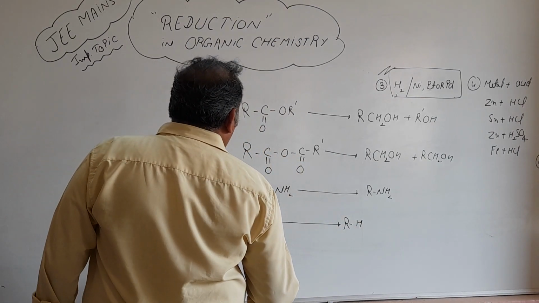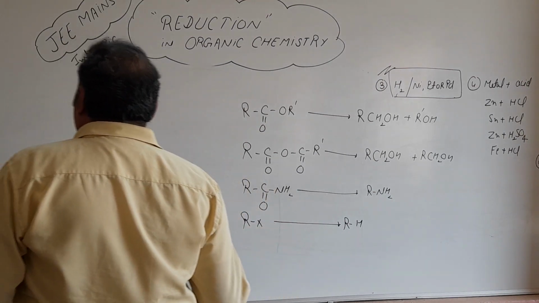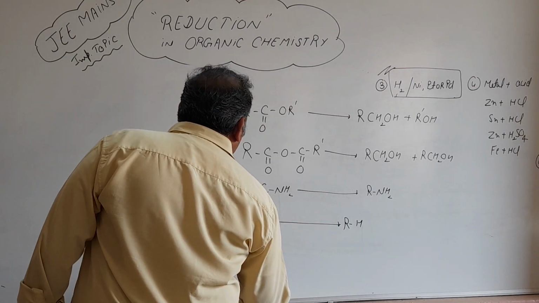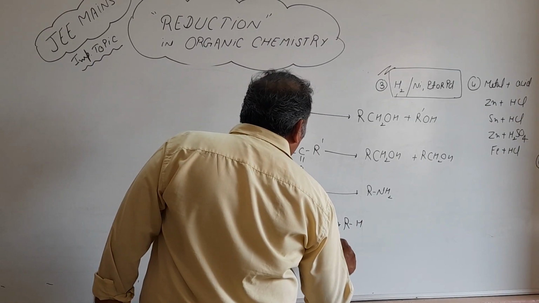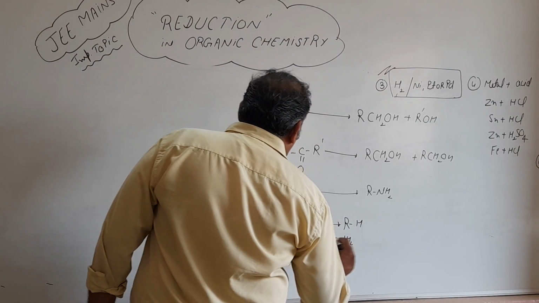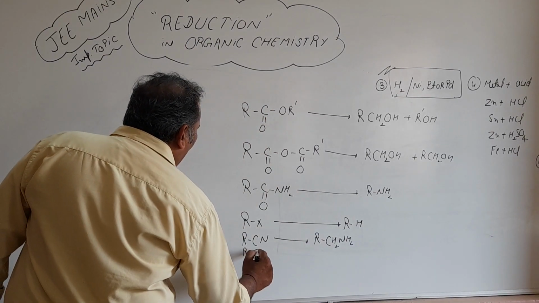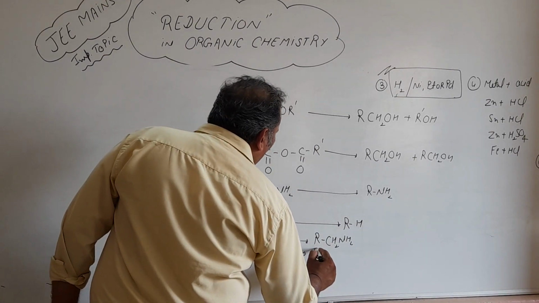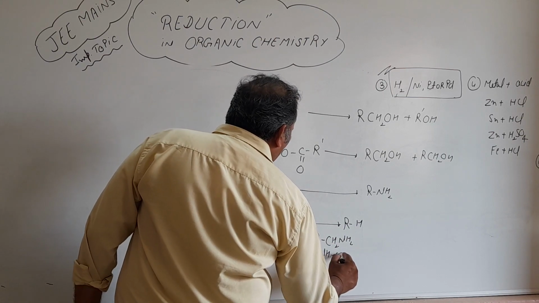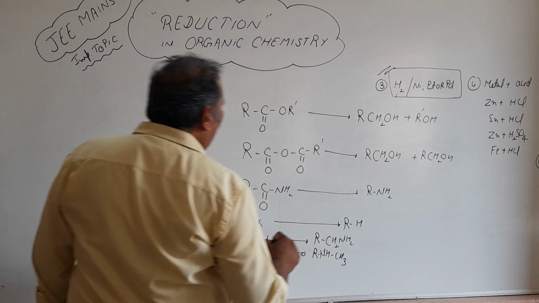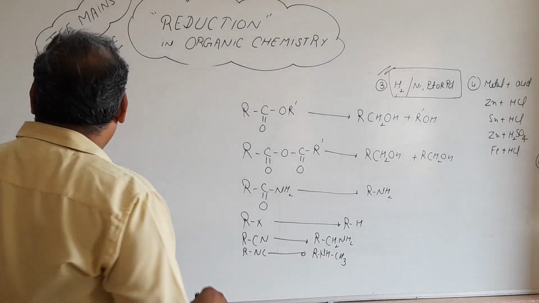If we are using any other functional group, for example RCN, cyanide, it can also be reduced into amine, RCH2NH2. Similarly, isocyanide can be reduced into RNHCH3, that is, a 2 degree amine.